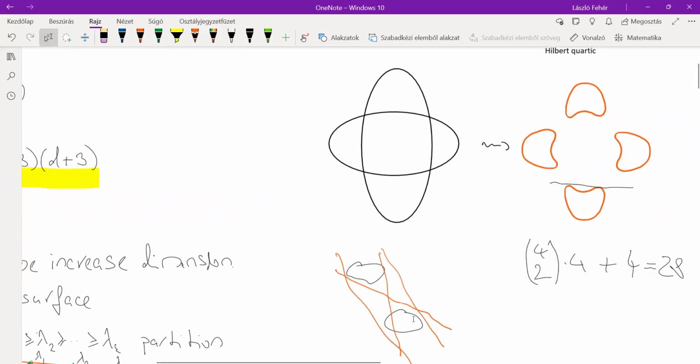Here is a little doodling of why this is. If you pick two components, then you get 4 bitangents. So that's 4 by 4. I think that's not enough.